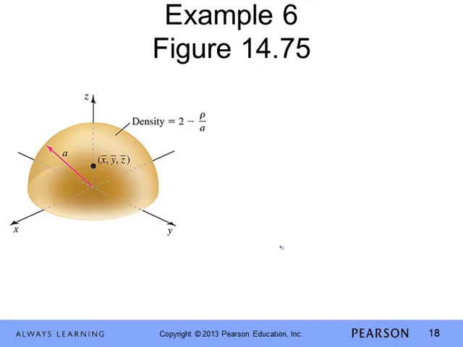Again, use symmetry to your advantage. Because of the fact that it's varying with respect to rho, the x coordinate and the y coordinate are both going to be 0 in this case. So it's just a matter of finding the z coordinate, as in the distance vertically above the xy plane.